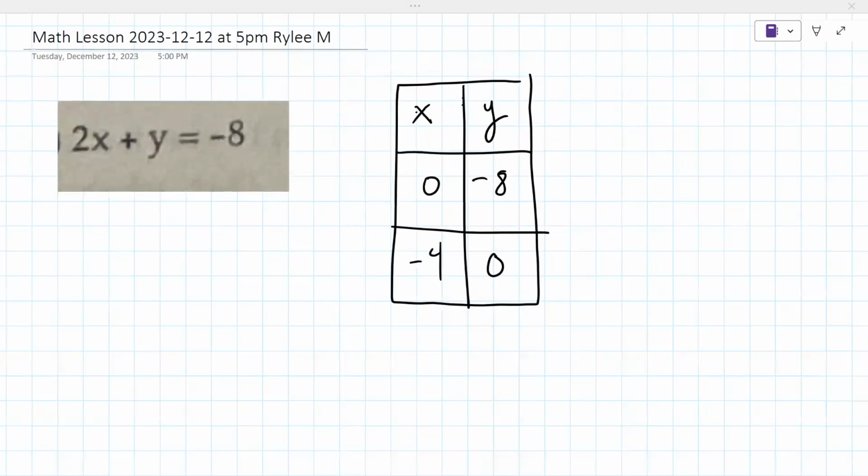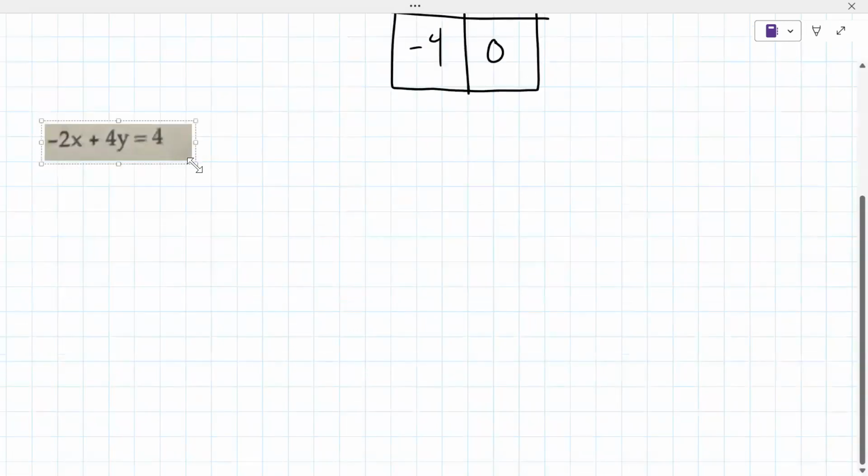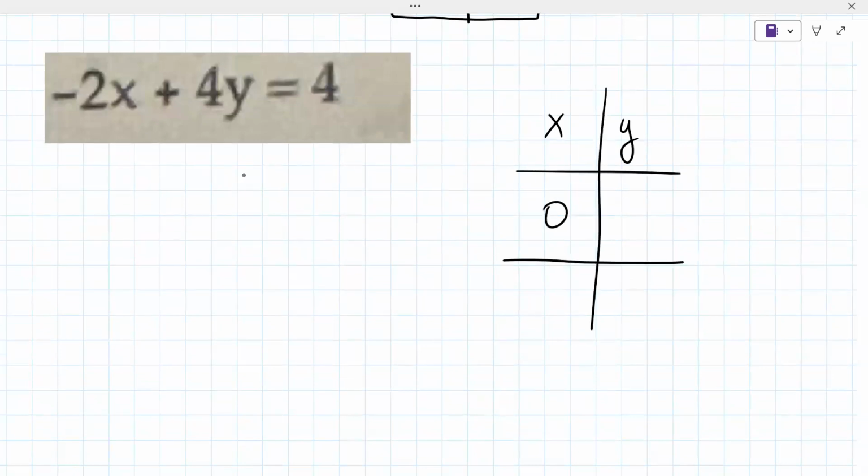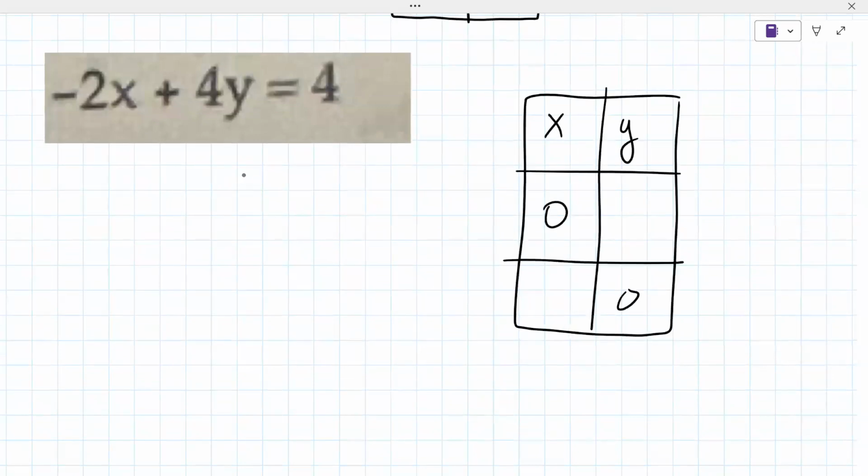All right, here you go. Let's do the same thing here, make a little table. Would x equal negative, oh wait, never mind.